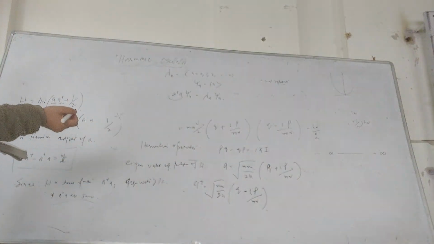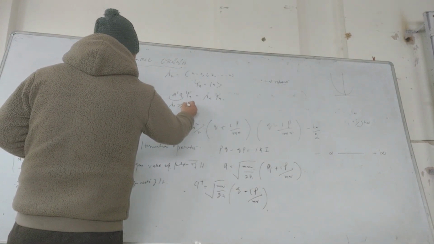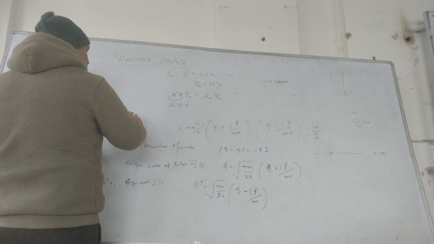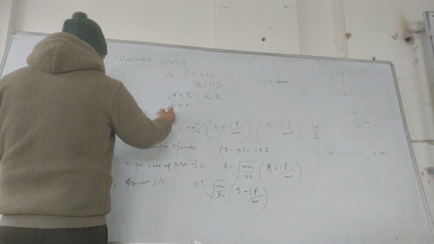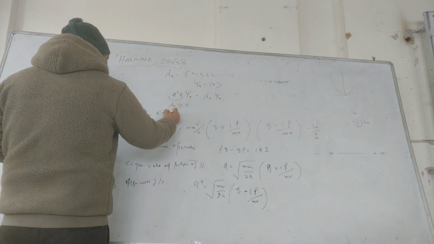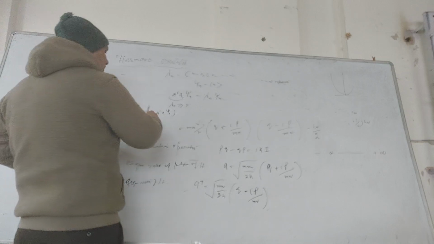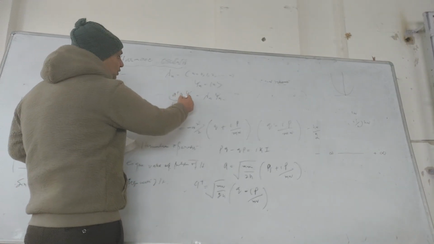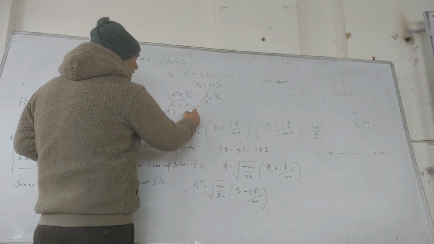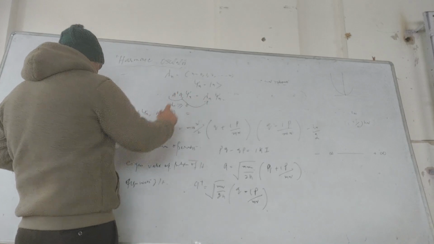So you are going to use this for lambda n greater than 0. One of the properties is like this: psi of n, if it is multiplied by A dagger A, psi of n. A dagger A acting on it corresponds to this, so you can replace it by lambda n.